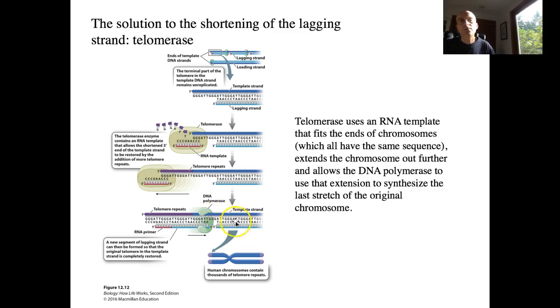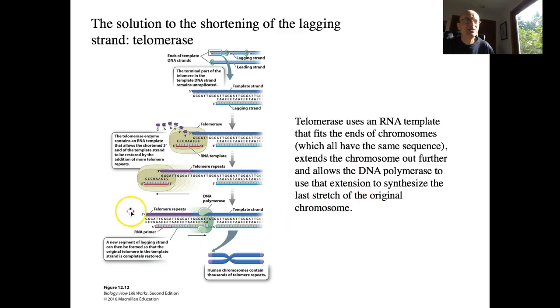So I write down here in a sentence, I'm not sure if that will help you or if the book has a better way for you to understand what's happening. I say telomerase uses an RNA template that fits the end of the chromosomes, which all have the same sequence. It extends the chromosome out further and allows the DNA polymerase to use that extension to synthesize the last stretch of the original chromosome.